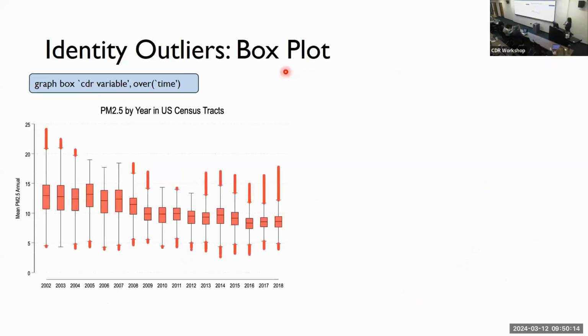Okay, so first I want to talk about using the box plot to identify outliers. Here you see that I provide a very brief data code, but we'll provide the actual data code after the workshop, so don't worry. This shows the PM2.5 values across the years in the US Census tracts. You can see that, first, the median value of PM2.5 has been decreasing, as we learned in yesterday's workshop.